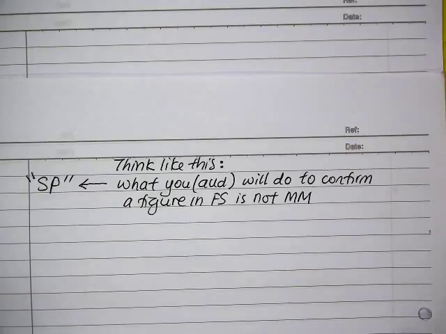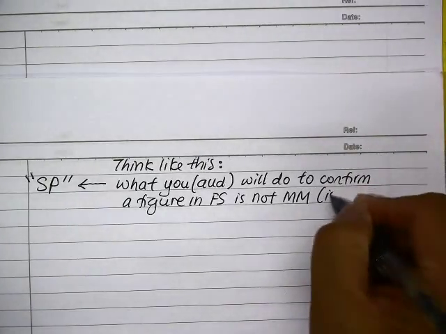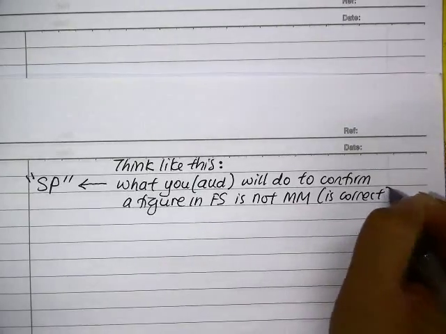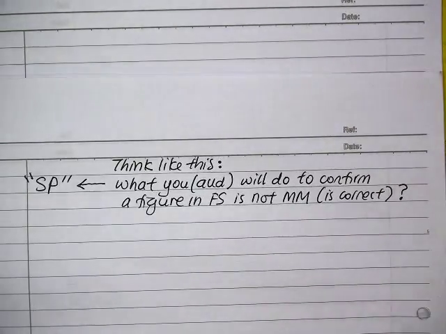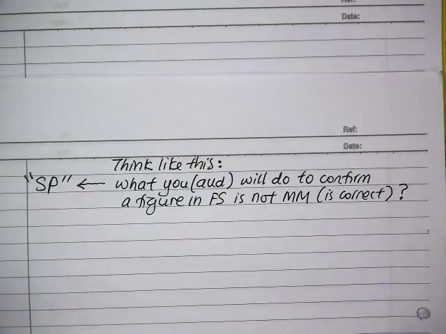What you as auditor will do to confirm a figure that you see in the financial statement is not materially misstated, or alternatively is correct. So that is what we're going to see now.